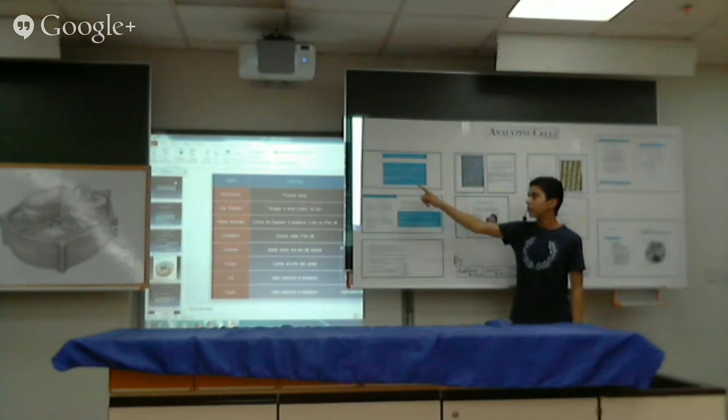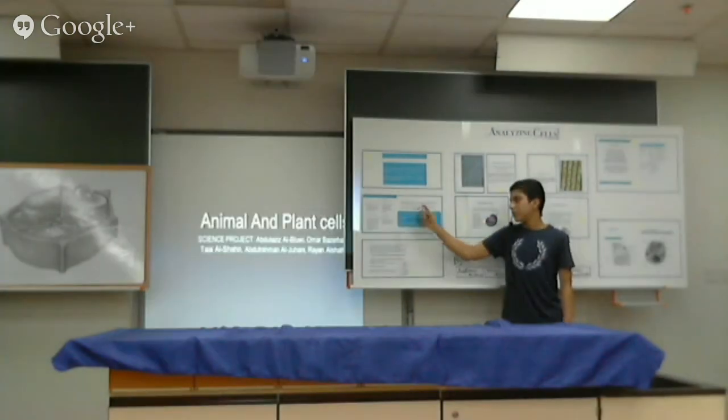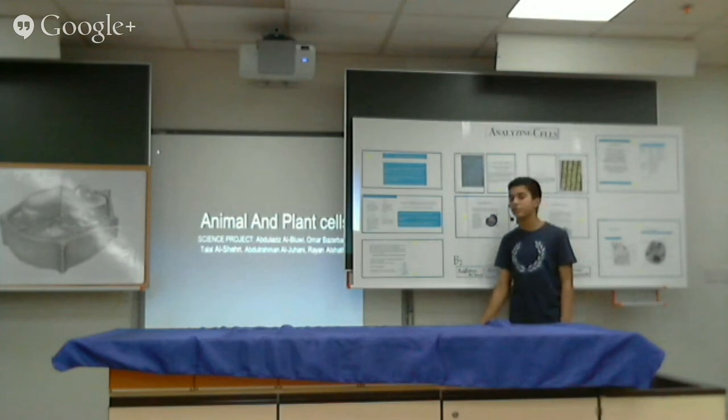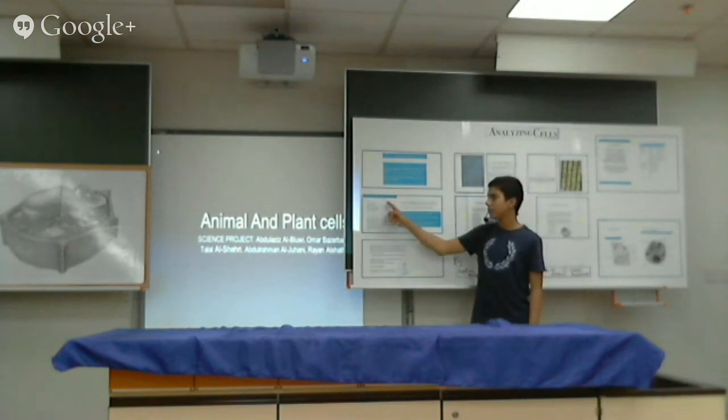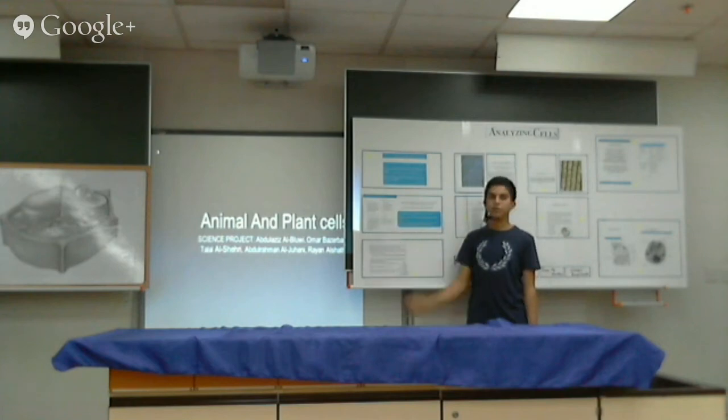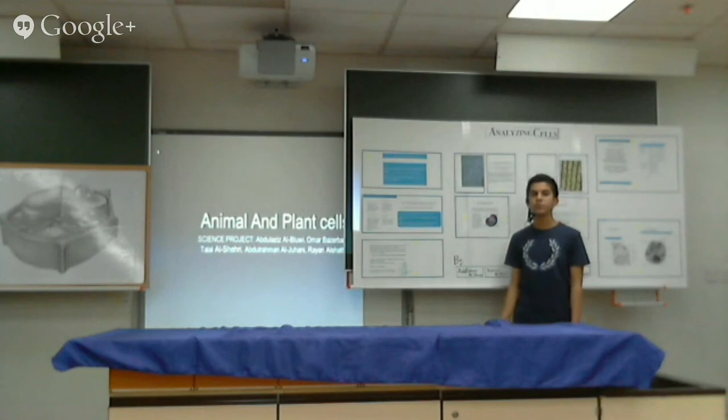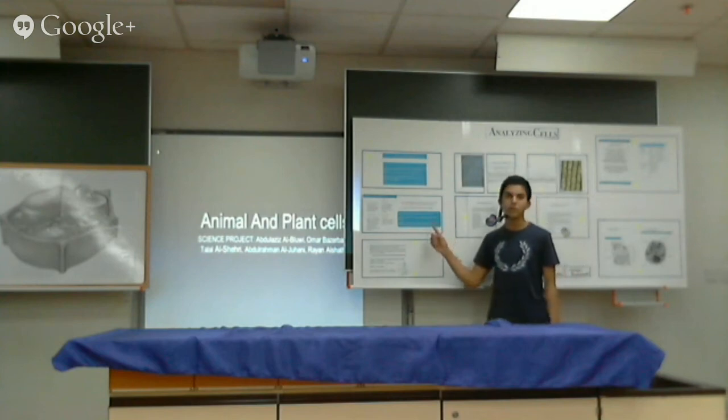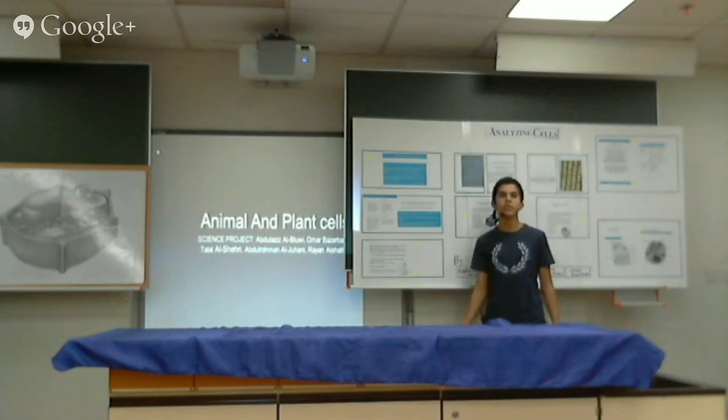Here in the discovery of the cell, we talk about many well-known scientists such as Matthias Schleiden, Robert Hooke, and Anton van Leeuwenhoek. These scientists were extremely important, because they resulted in the cell theory. The cell theory basically describes the cell.